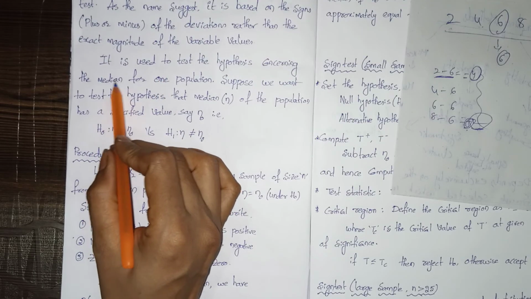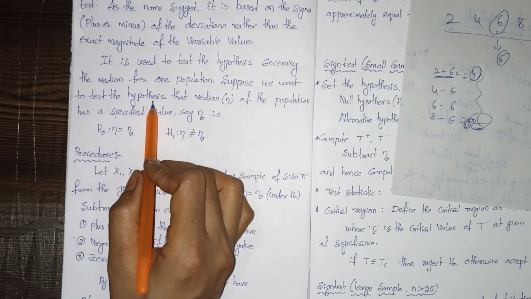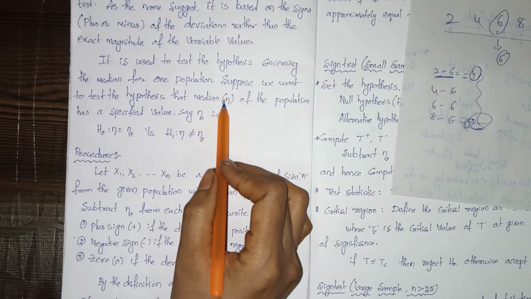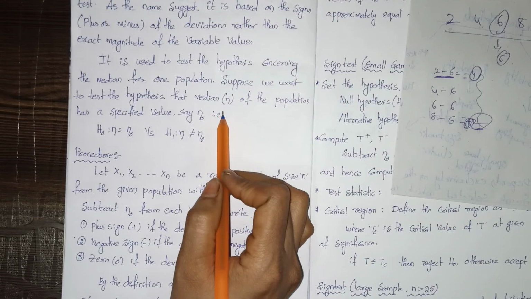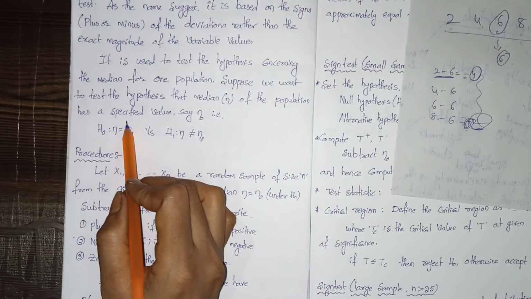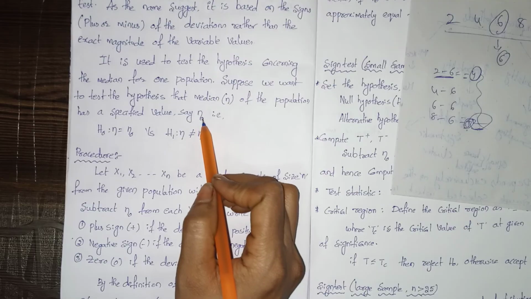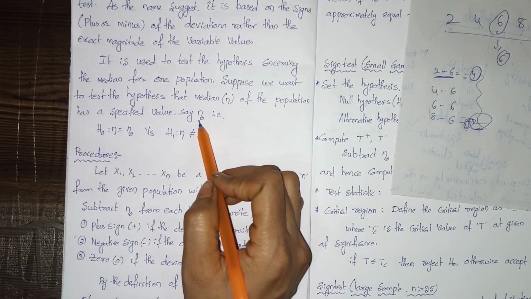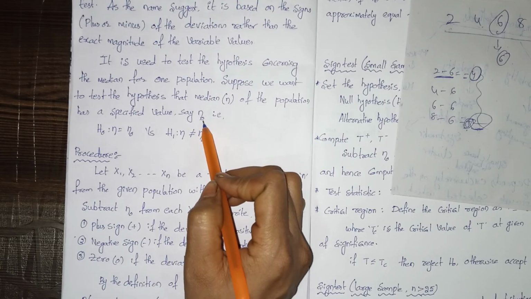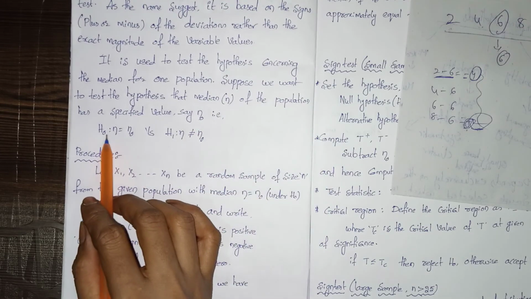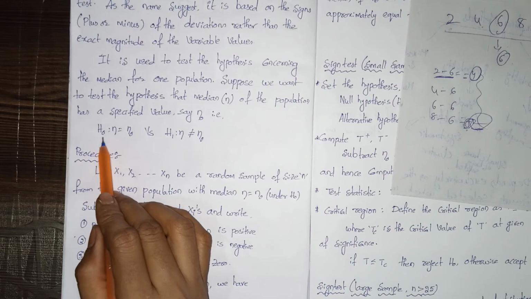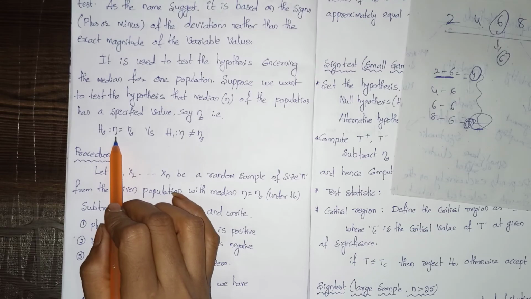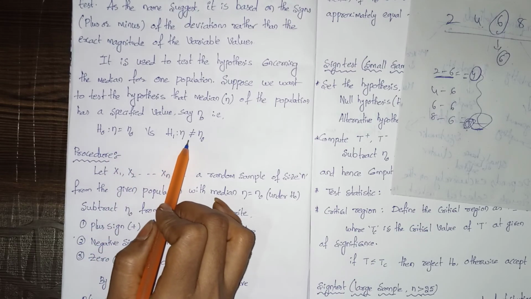Suppose we want to test the hypothesis that the median, eta, of the population is a specified value, say eta 0. So the median is denoted with eta and that value is denoted with eta 0. Under the null hypothesis, we take that both the medians are equal, and under the alternative, not equal.